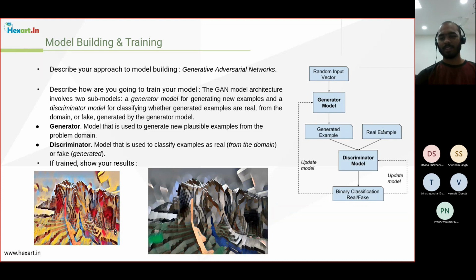It is a real example. While coming to the discriminator model, if it checks that it is real, then it gives output, or else if it is fake, it will be updated with the discriminator model.